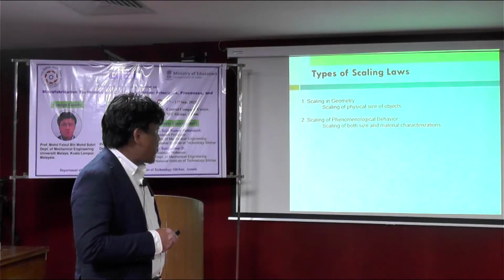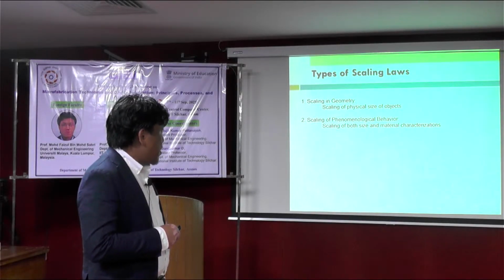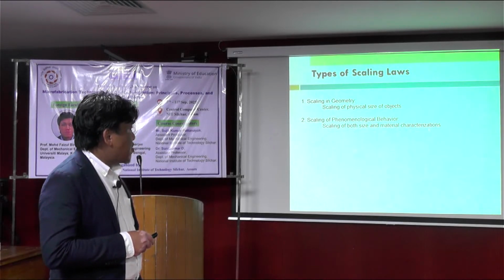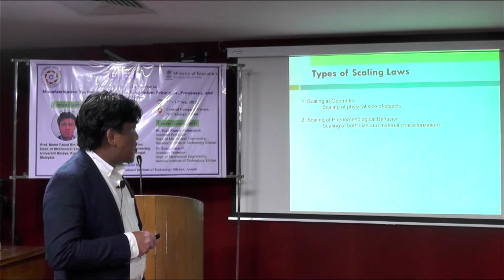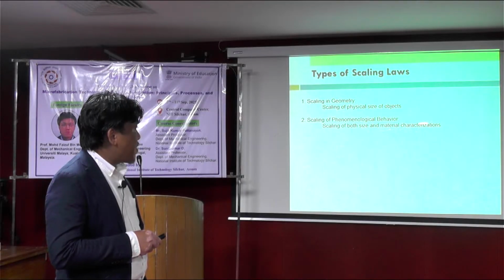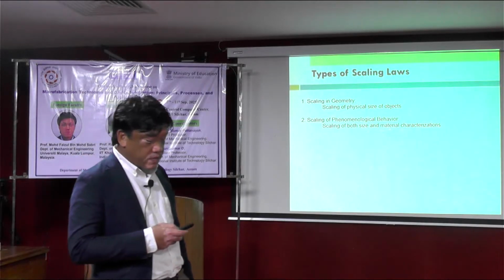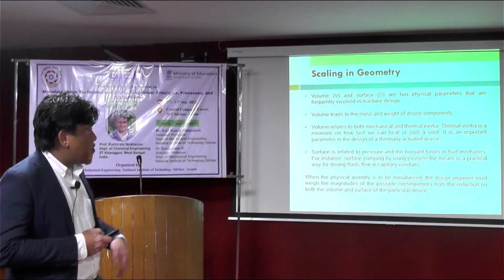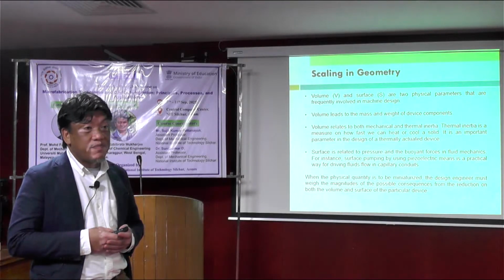And scaling of phenomenological behavior means scaling of both size and material characteristics. So when you scale down the size, you see different behavior in terms of material properties. What happens when you change the size from big to small?